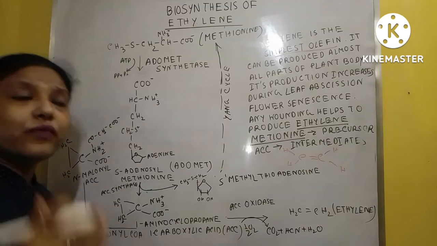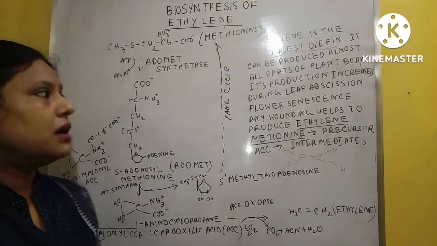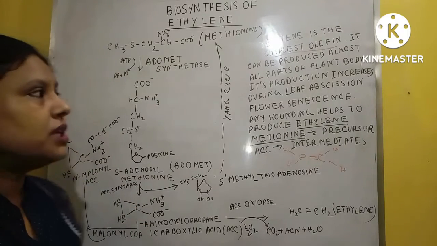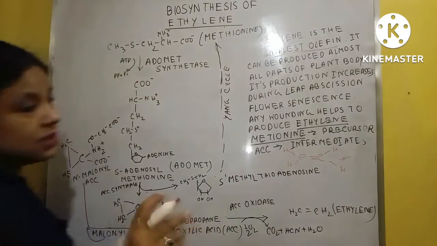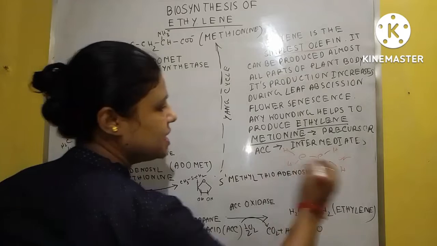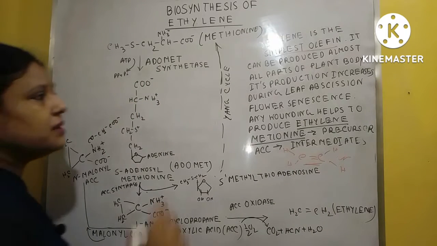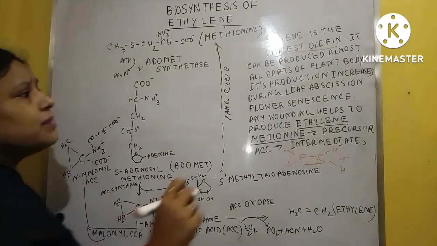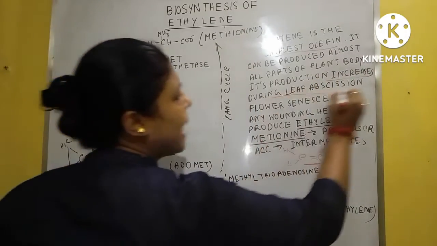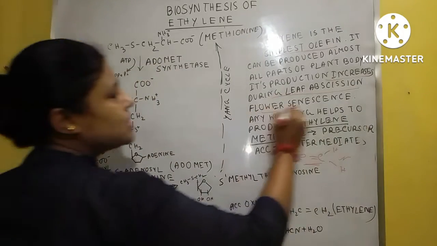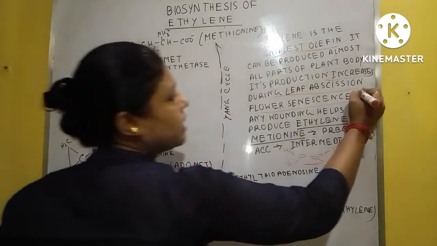Okay, and when the plant gets injured or any wound occurs in the plant's body, in that situation the biosynthesis of ethylene, or ethylene production, is possible. Clear? So generally ethylene production increases during leaf abscission, flower senescence, and obviously fruit ripening.